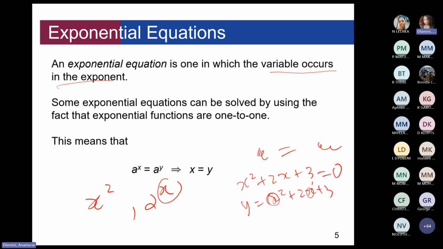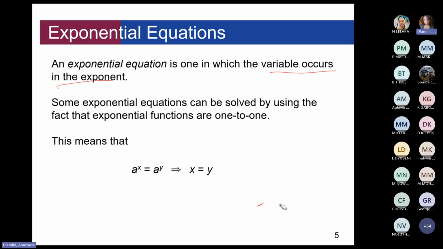That's why an exponential equation is one in which the variable occurs in the exponent. Some exponential equations can be solved using the fact that exponential functions are one-to-one. What do they mean by that? It's the same thing that we talked about last week.